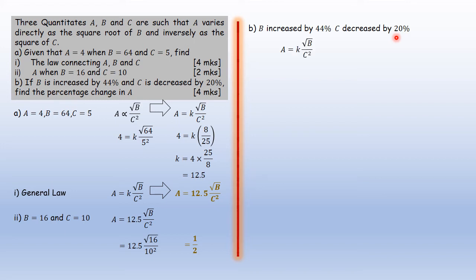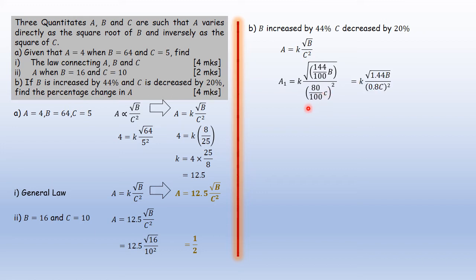And so the formula originally having been like this, it's going to be like this. The adjusted A, let me call it A1, is equal to K, 144 over 100 of B, then the square root of that, and then 80 over 100 C, the square of that. Our business now is to simplify the values.